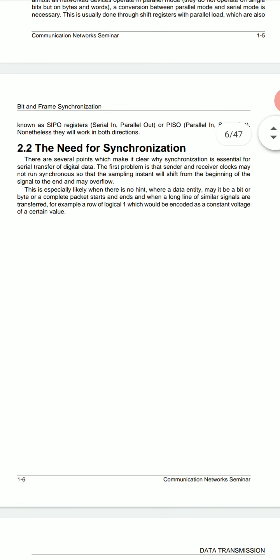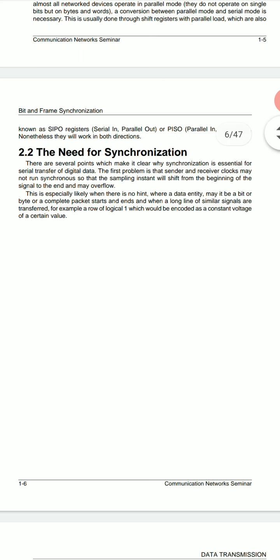So why do we need the synchronization? There are several points we can consider that make clear why synchronization is essential for a serial transfer of digital data.